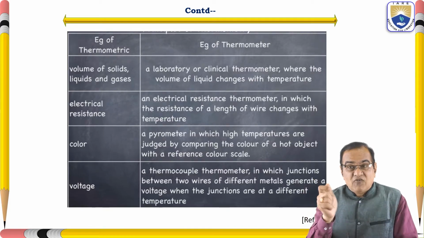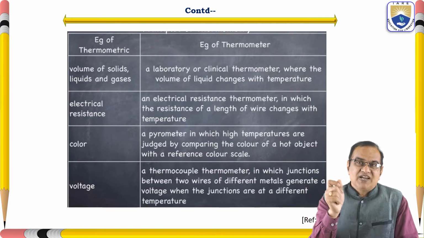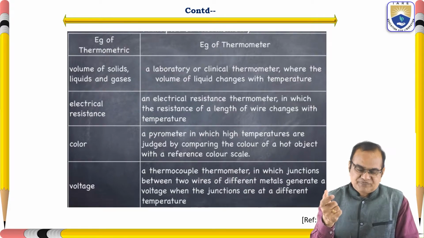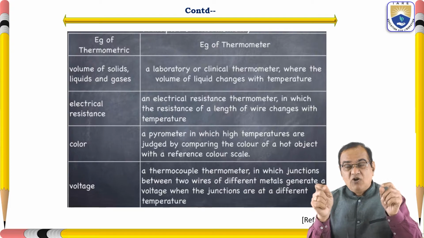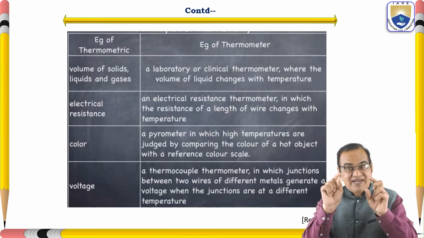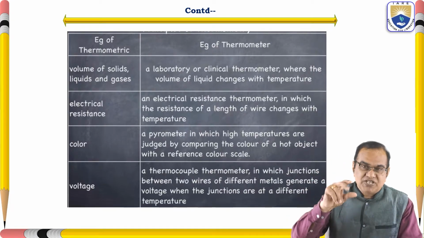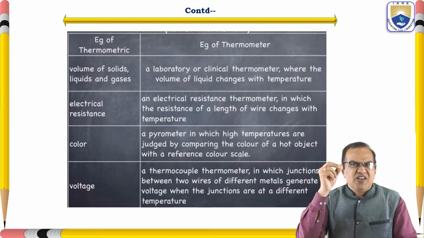And for welding, in gas welding, you can see the flame and how the mechanic adjusts the valve. If you want more temperature, your flame will be very, very blue.